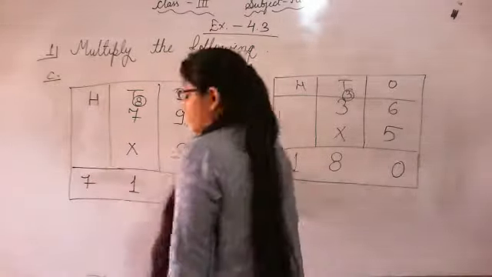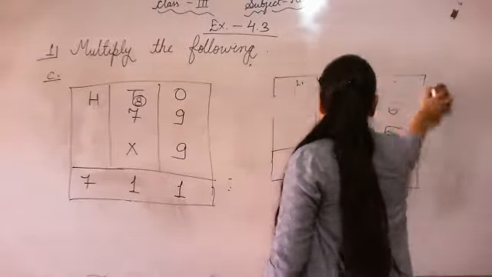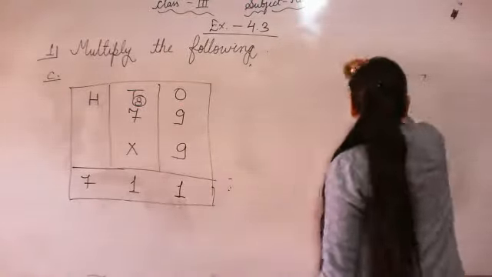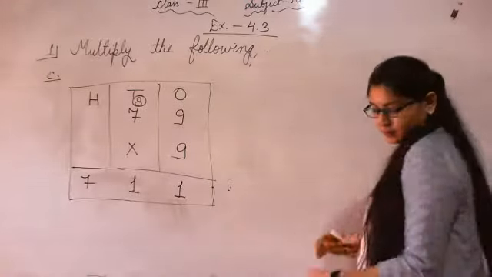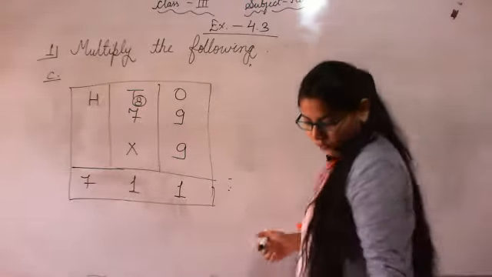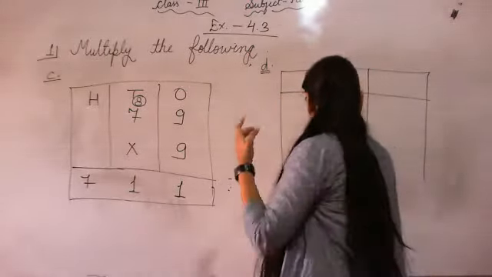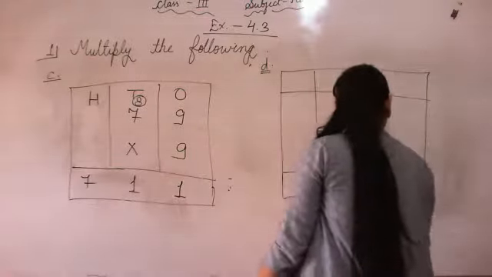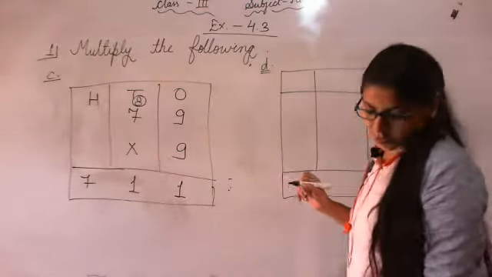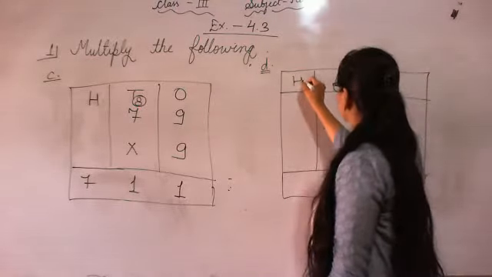Okay, so the next question is question D. Question D is 21 into 4. Okay, students.